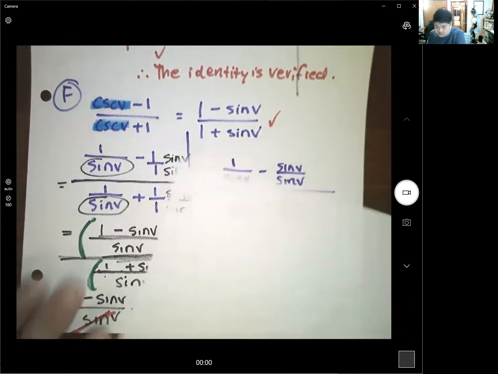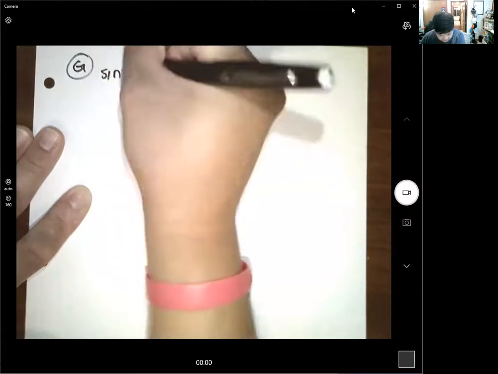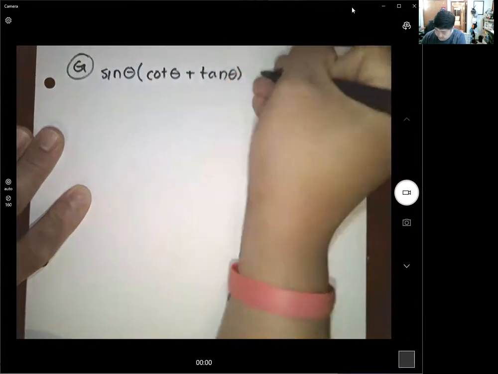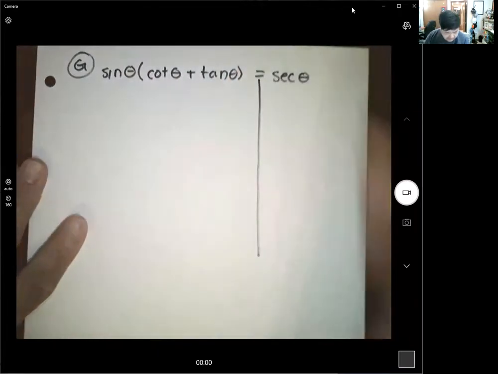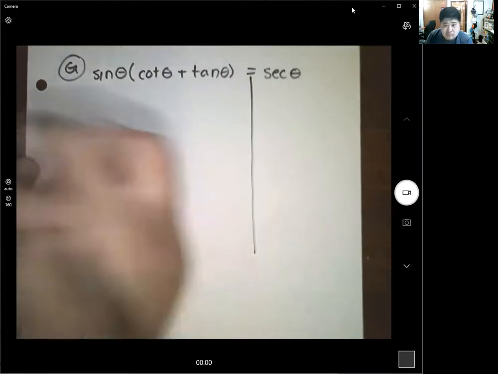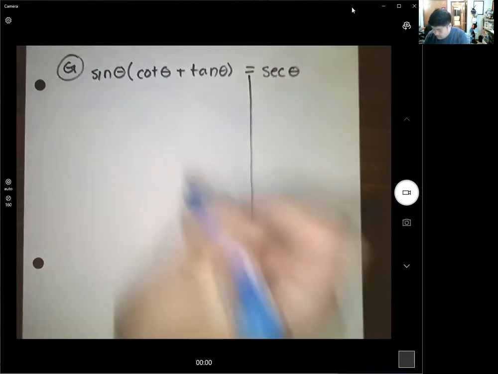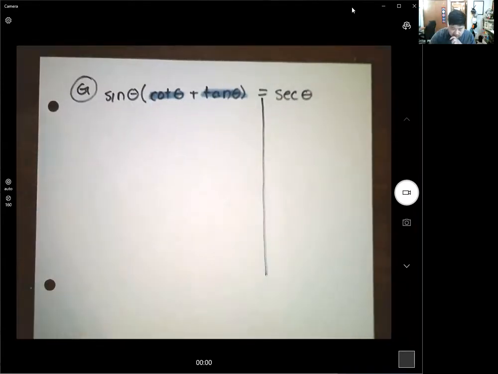All right, problem G. G: sine of theta times cotangent of theta plus tangent of theta. We're trying to show that it equals secant of theta. All right, so again, let's just go with the normal trick, if you want to call it that.